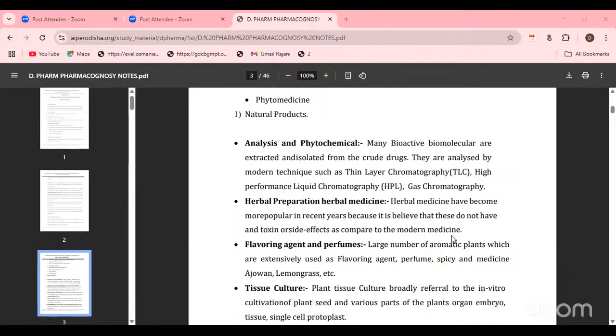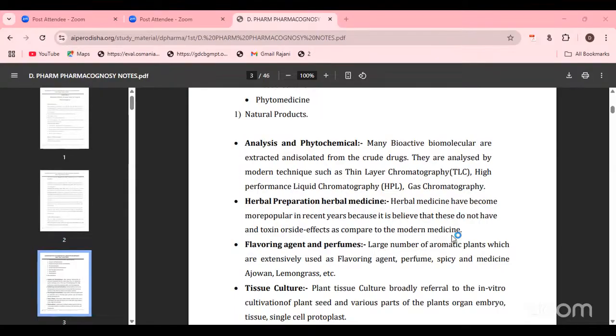More popular, toxic plants used as flavoring, perfume, spices and medicine: ajwain, lemongrass.